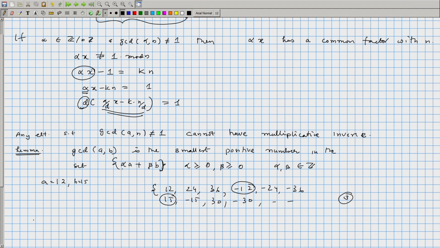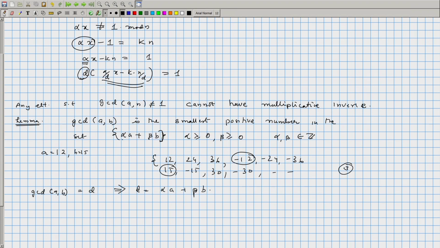If GCD of A and B is equal to d, then d can be written as alpha A plus beta B. So, from this fact, if GCD of A and n is equal to 1, this would imply that alpha A plus beta n is equal to 1 for some alpha, beta belonging to integers.